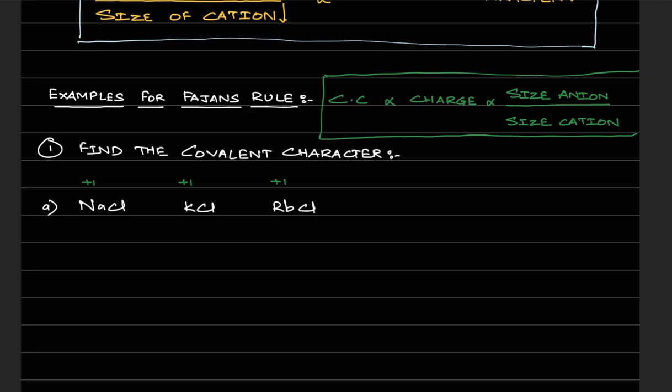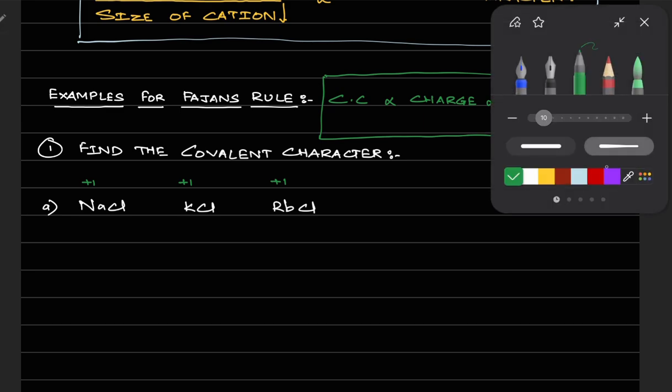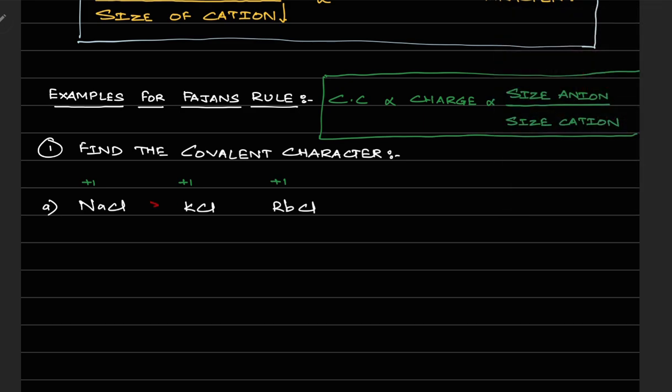Now the anion is out of the picture, the charge of the cation is out of the picture, so the dependency will solely be on the size of the cation, and as the size of the cation increases, the covalent character decreases. So NaCl will have the maximum covalent character, followed by KCl and followed by RbCl. That would be the correct order.